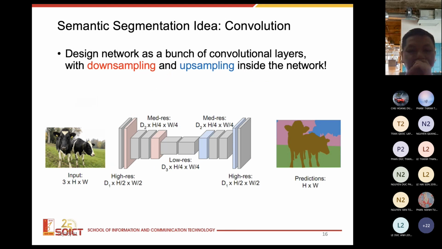So we come up with a better idea of designing the network as a bundle of convolution layers, with both downsampling and upsampling inside the network.